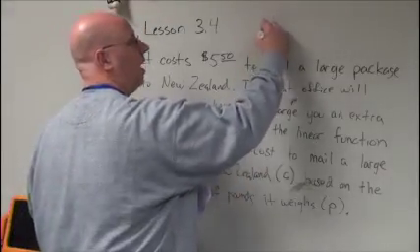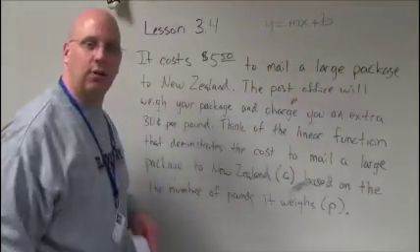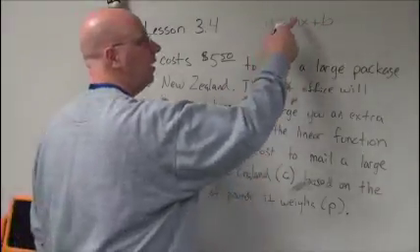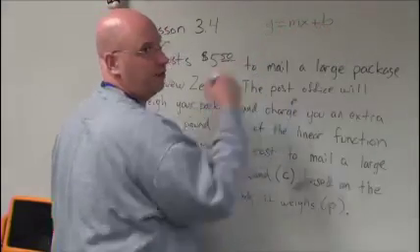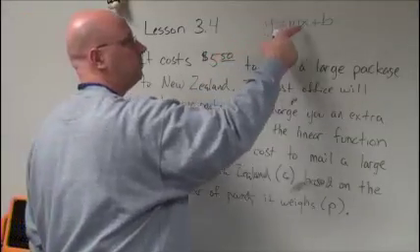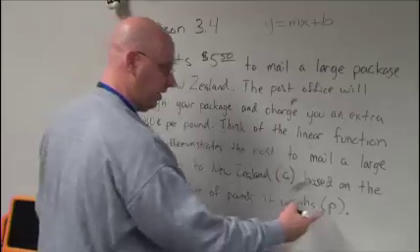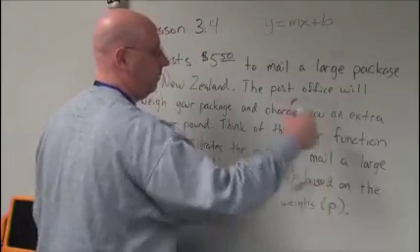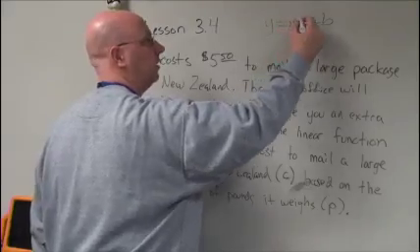Remember this, y equals mx plus b. That's our linear function, where this is our rate of change, and this is our intercept, and here is my independent, there is my dependent. Well, let me replace what I have. First of all, I'm going to say p. I'm going to erase this right here.